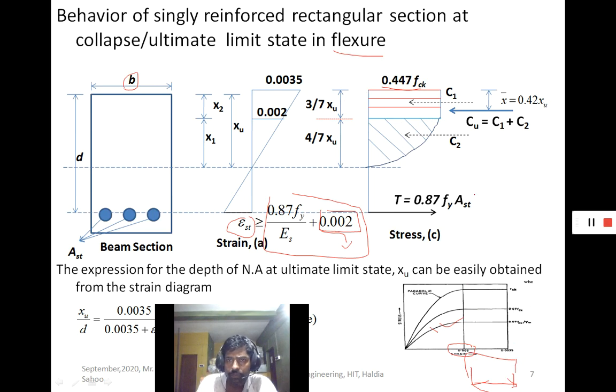After that it is a parabola from 0.002 to 0 strain.